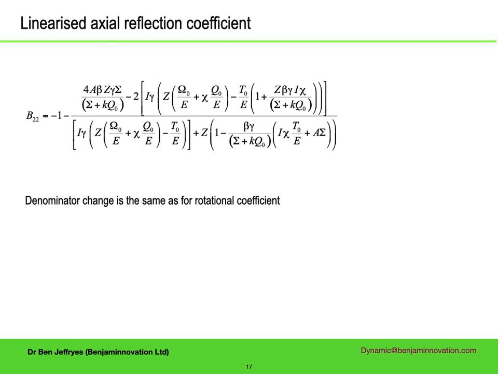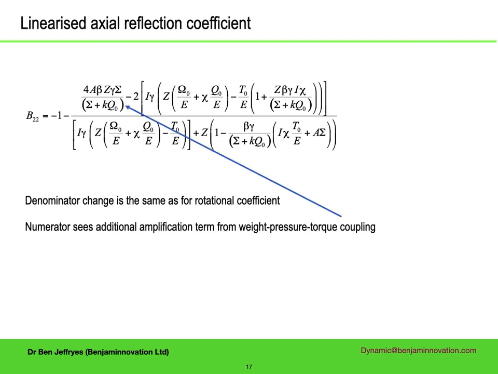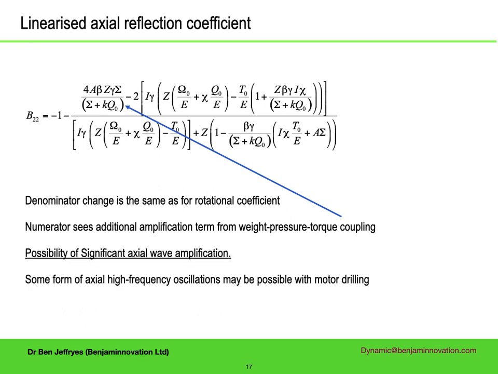For the axial wave reflection coefficient, the denominator change is just as for the rotational waves. But there is an additional term in the numerator which always moves the system towards amplification, unsurprisingly, as this is from the weight, pressure, torque coupling. This means that for the right parameters there can be axial wave amplification.